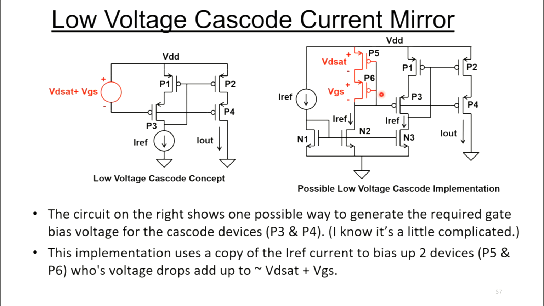I'm not going to talk about this in great detail, but you can kind of see we create a copy of the reference current and then run it through a couple devices and use that voltage to bias the gates of the cascode devices. Once again, you can use this as a low voltage cascode current mirror. It just costs you a bunch of extra devices to build.